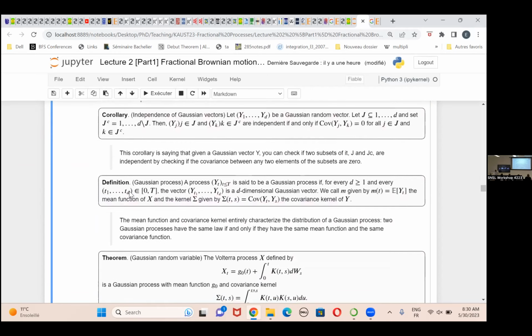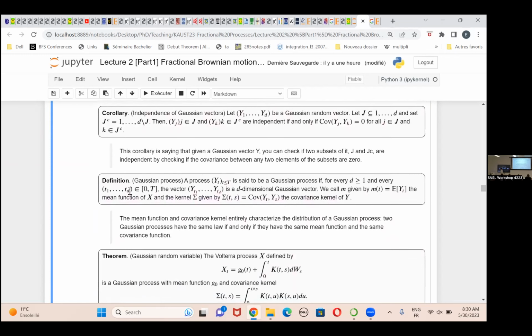Let's look at this definition. Recall, what does it mean for a process to be Gaussian? We say that it's a Gaussian process if for every t1, ..., td, every mesh of time, every vector (Y_t1, ..., Y_td) taken at this discretization grid will be a d-dimensional Gaussian vector.